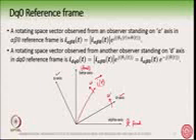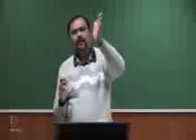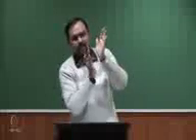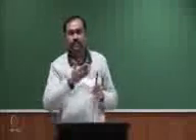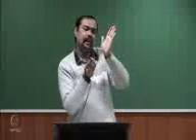How do you visualize this? There is a space in which the space vector is rotating at a certain speed, and there is another set of axes d, q and 0, rotating at another speed.